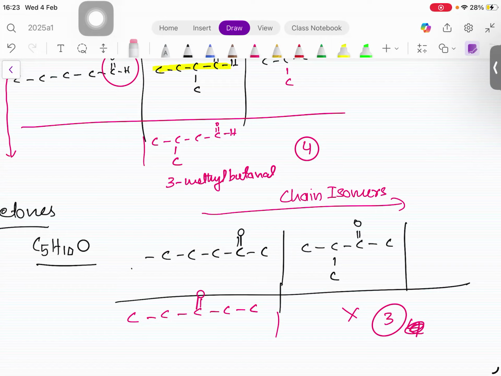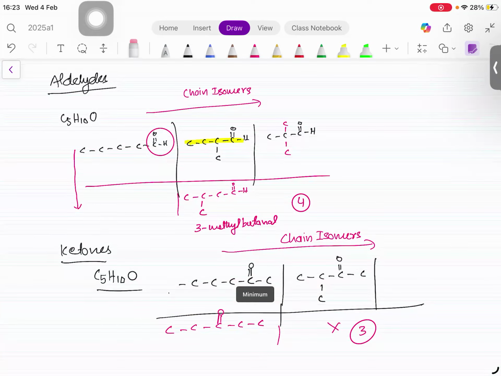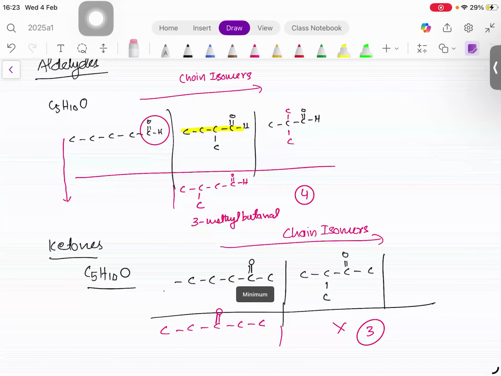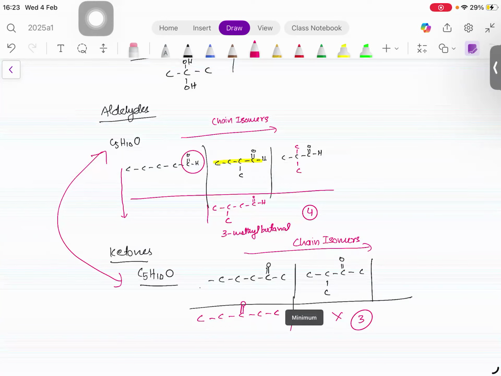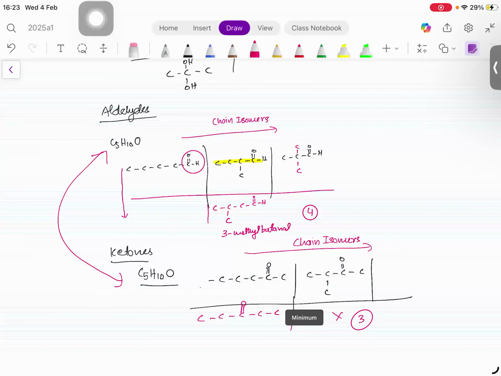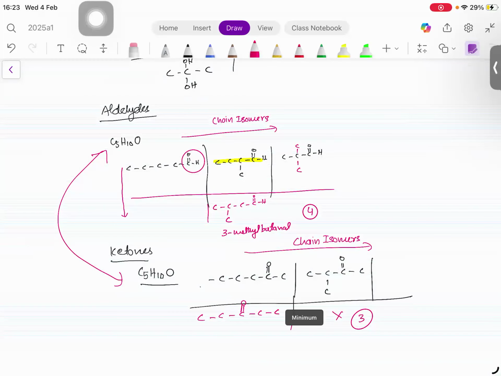3. Now, if you notice this, the examiner asks you, look at these 2 molecules. As you know, aldehydes also share the general formula with ketones. Both of them are carbonyl compounds. You see their molecular formula is the same. The examiners ask: there is a molecule with the molecular formula C5H10O.